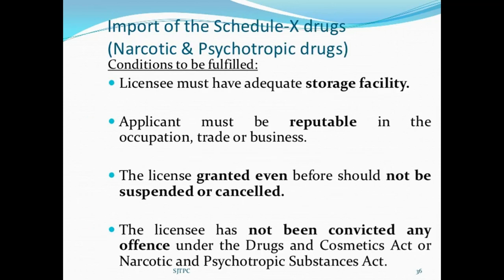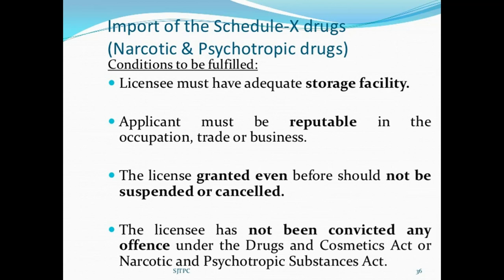Next. Likewise, import of Schedule X drugs. The same applies to narcotic or psychotropic substances. These are very harmful drugs, but can be used for good purposes. So the licensee must have adequate storage facility, and the applicant must be reputable in the occupation, trade or business.